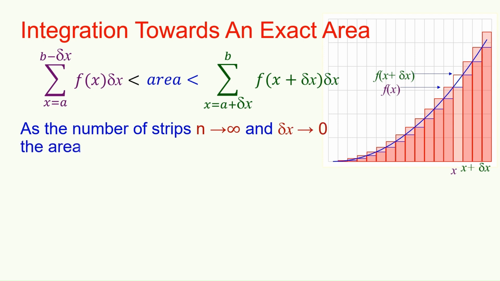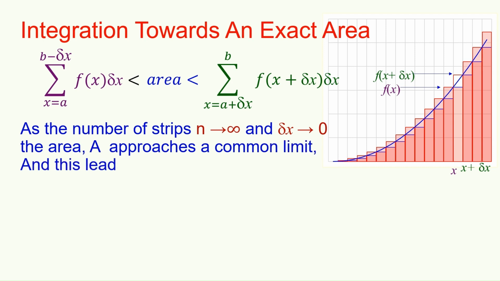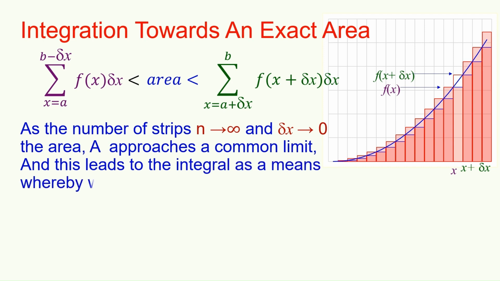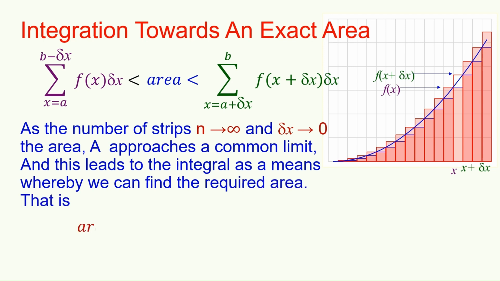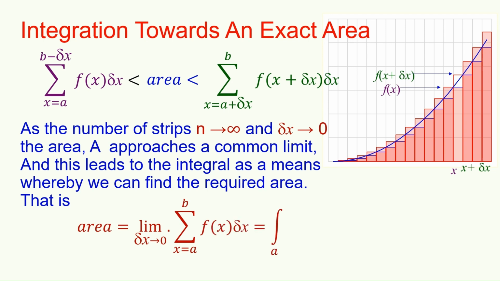As the number of strips n tends to infinity and delta x tends to 0, the area A approaches a common limit, and this leads to the integral as a means whereby we can find the required area. That is, area equals limit delta x tends to 0 sigma sum from x equals a to x equals b f(x) delta x equals definite integral of f(x) dx from a to b.